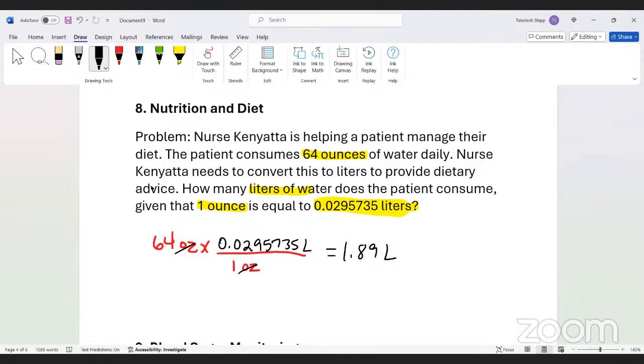But suppose we said, let's just round this off to 2 significant digits. Well, you could say 1.9 liters.